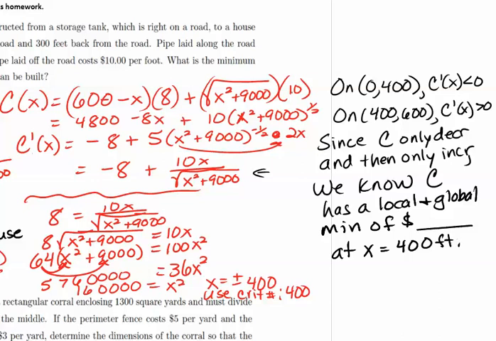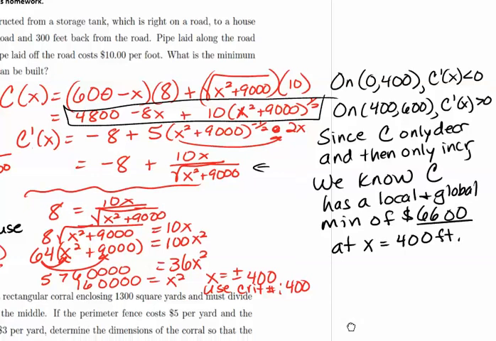And we can remember that we want to plug that into our original function, not into our derivative. So grab your calculator, and indeed that turns out to be 6,600. So you had already seen the answer there, I hope.